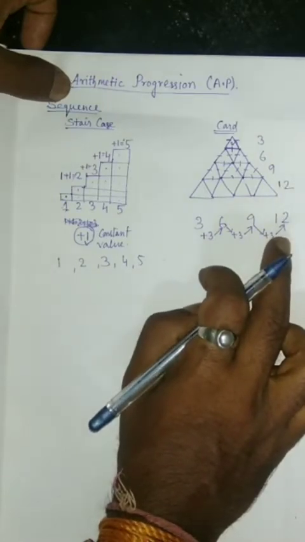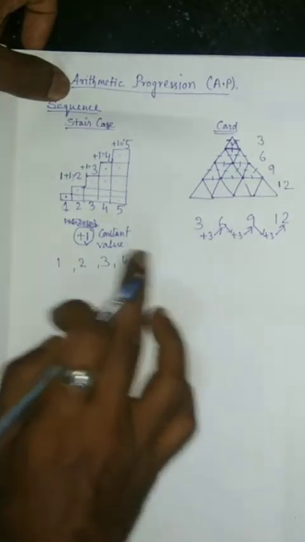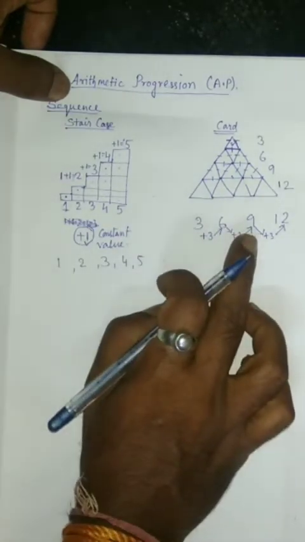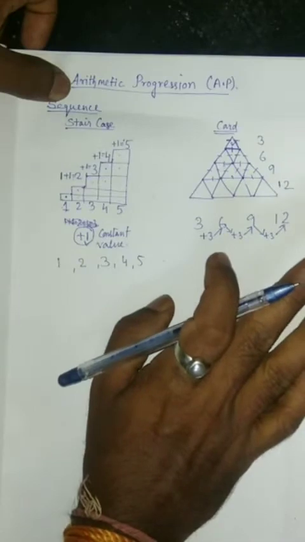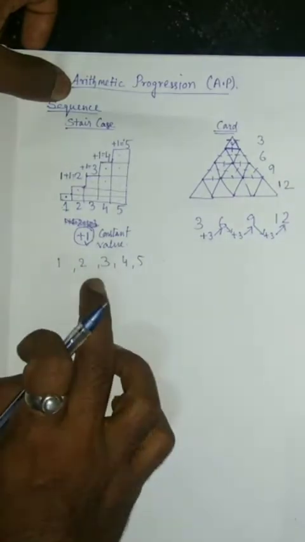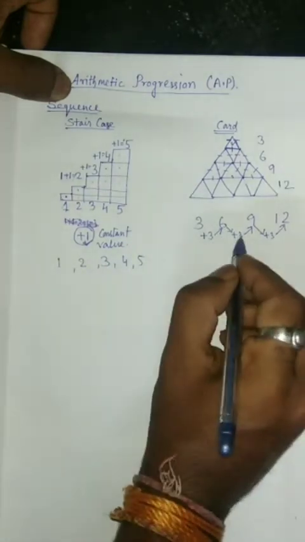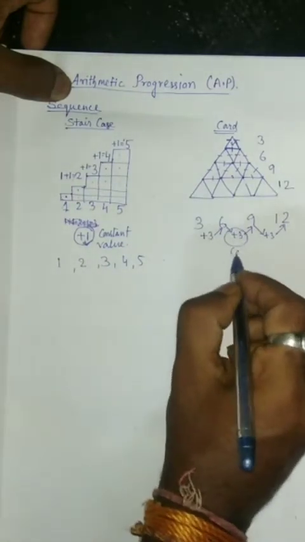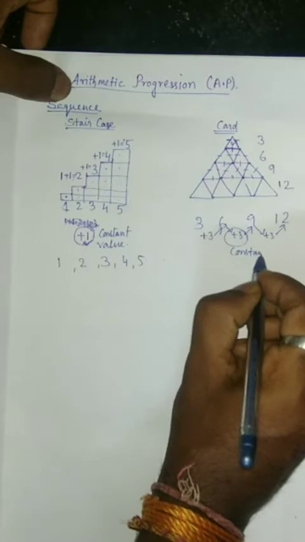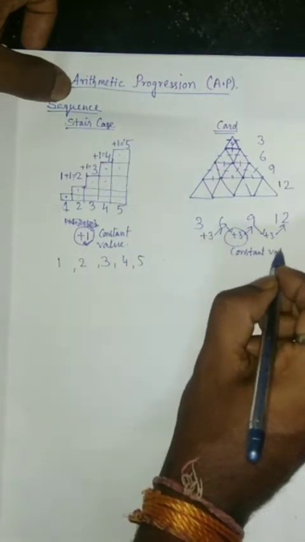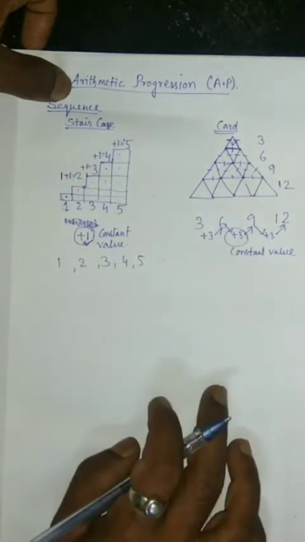Okay student? So in these two cases, we have a constant common difference. In this, my constant value is plus 1, and in this, my constant value is plus 3. Okay student?